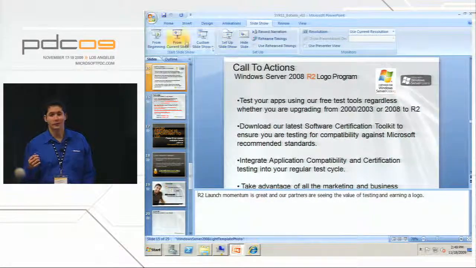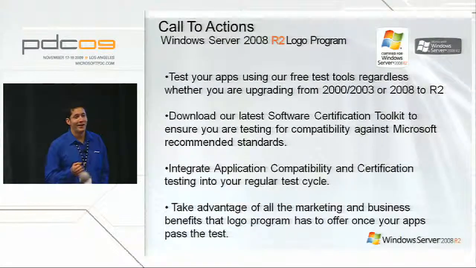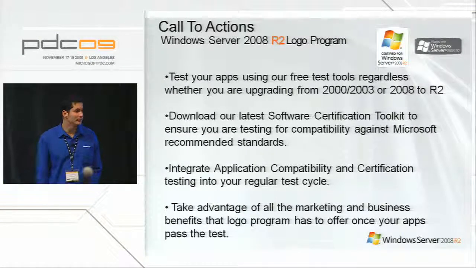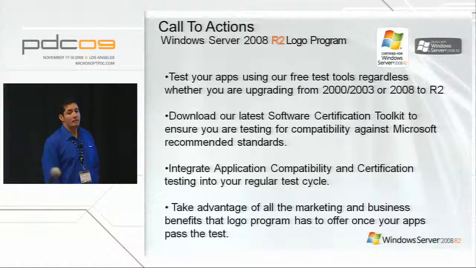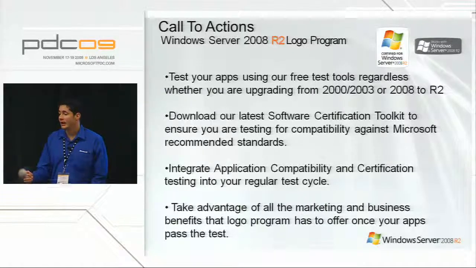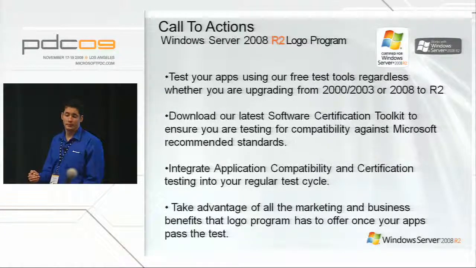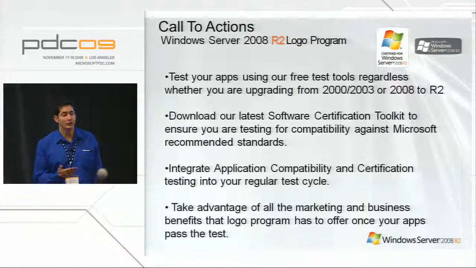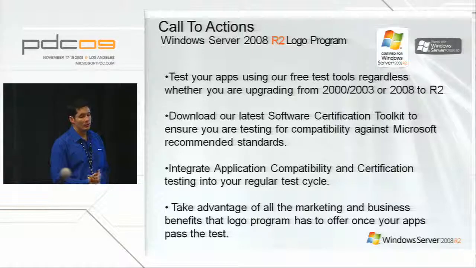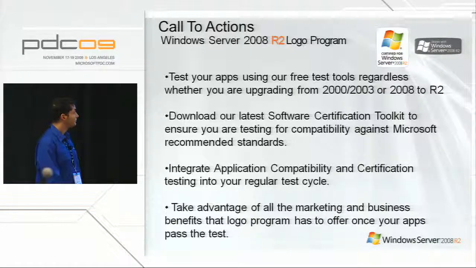Obviously, these are what we call great citizens, and they've been certifying their applications since 2000, and that's great. But remember that for 2008 and 2008 R2, we made it even easier and more streamlined to ensure that most of the ISVs at any level, at the certified for level or the worked with level, you'll be able to take advantage of our program.